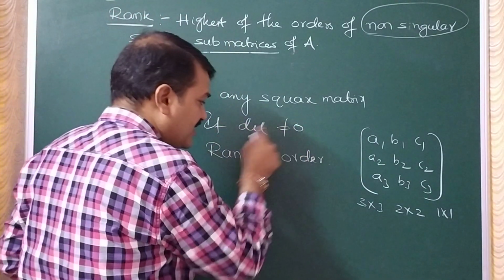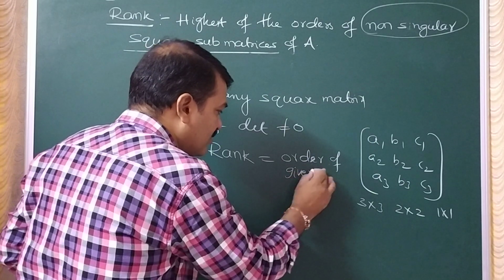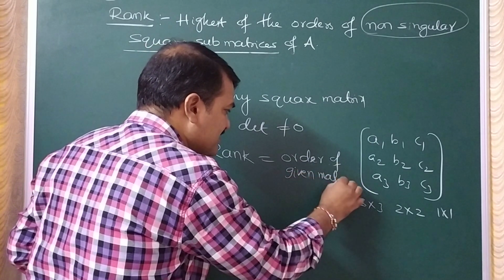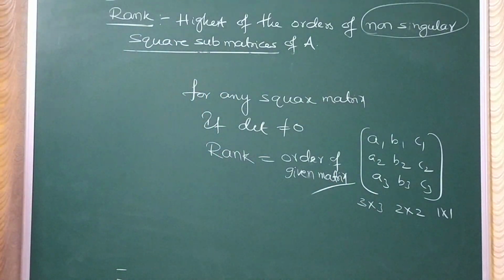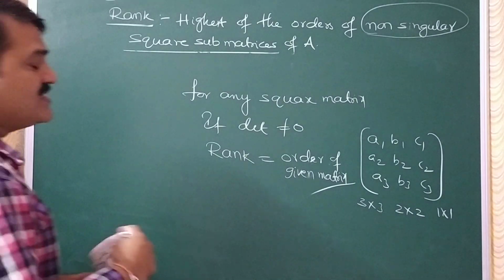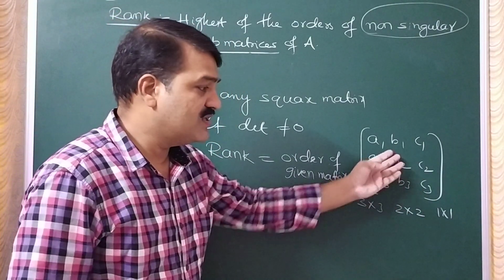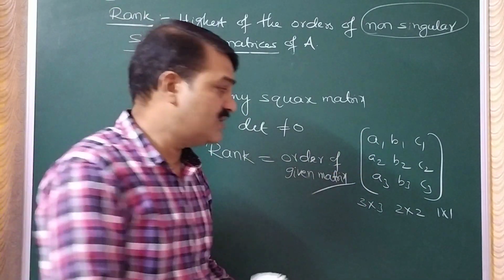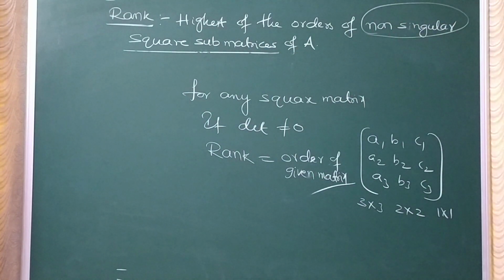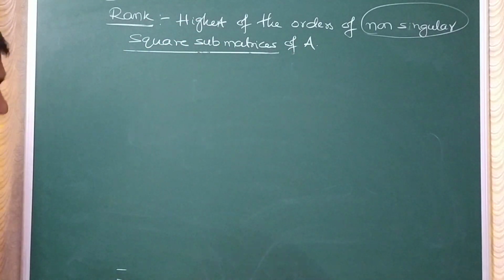This applies for any square matrix, whatever square matrix you get. Determinant not equal to 0 means rank is the same as its order. If you are given a 3 by 3 matrix, determinant not equal to 0 means rank is 3. If a 4 by 4 matrix is given, determinant not equal to 0 means rank is going to be 4. Okay, like that.